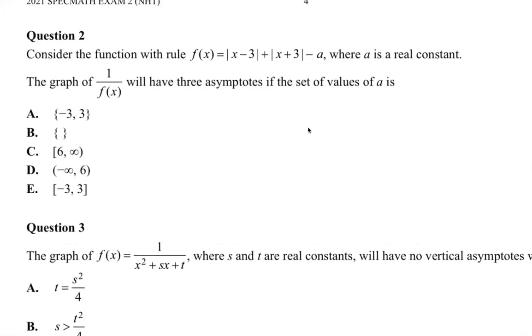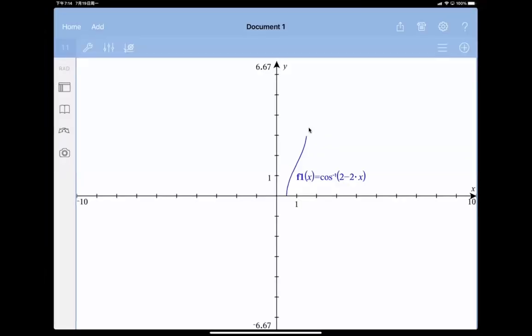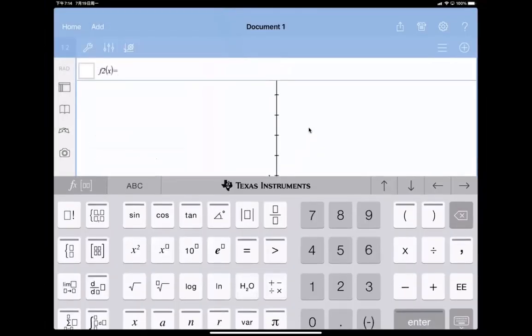All right. Consider the function with the rule f of x equals absolute value x minus 3 plus absolute value x plus 3 minus a, where a is a real constant. The graph of 1 over f of x will have 3 asymptotes if the set of values of a is. I could have used slider. Let's try graphs.